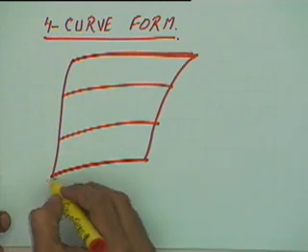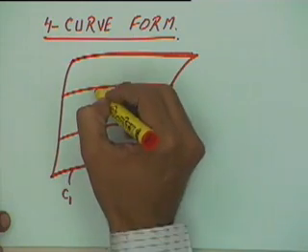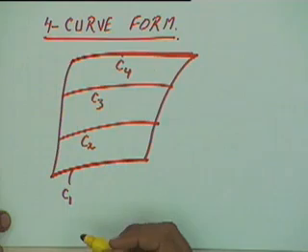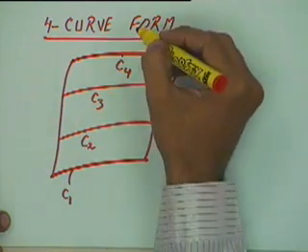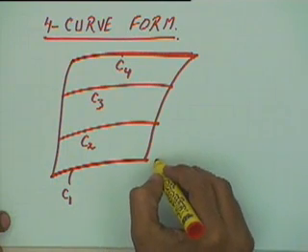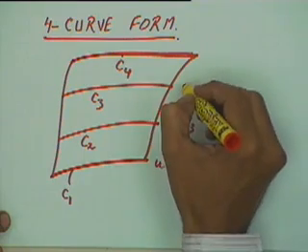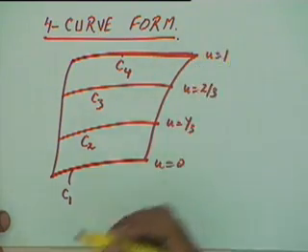Let us say this is my curve 1, this is my curve 2, this is my curve 3 and this is the curve 4. These 4 curves can be input for standard values u equal to 0, u equal to 1 by 3, u equal to 2 by 3 and u equal to 1.